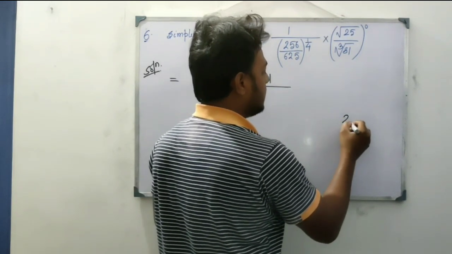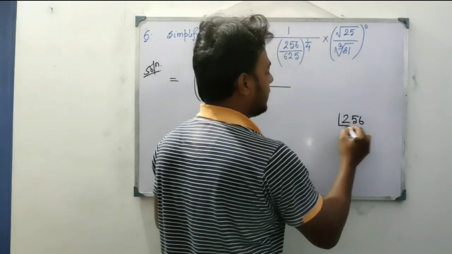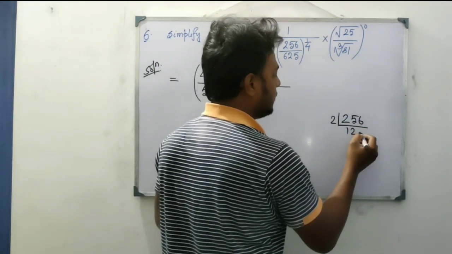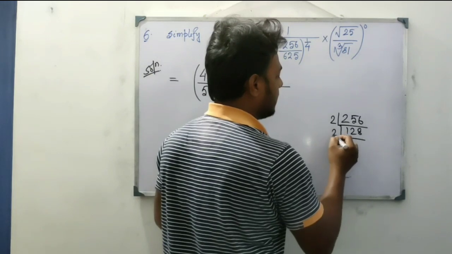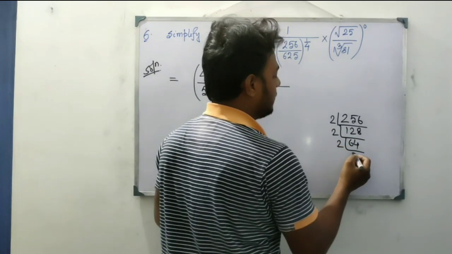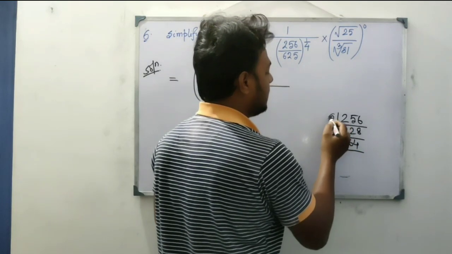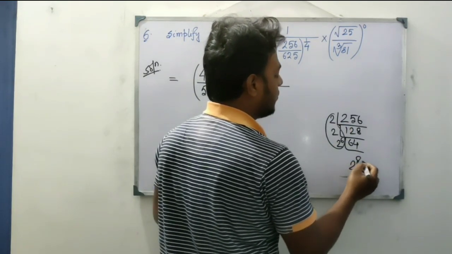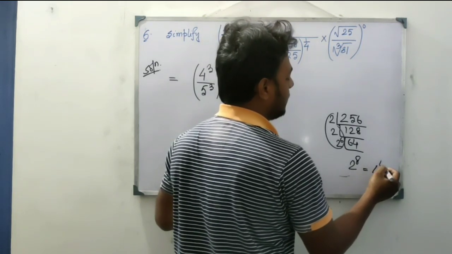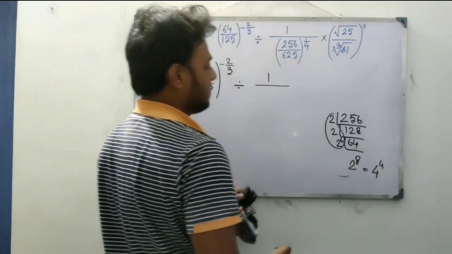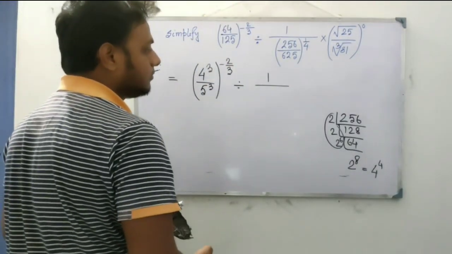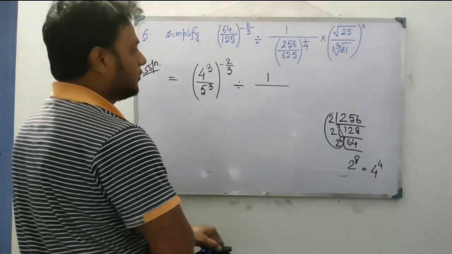Okay, so check once. 256, if we factorize it, by 2 we get 128, 64, 2 to the power 6, that means ultimately we will get 2 to the power 8. 2 to the power 8 is nothing but 4 to the power 4.